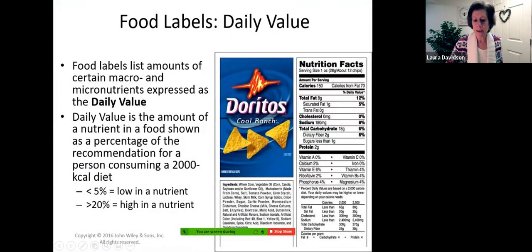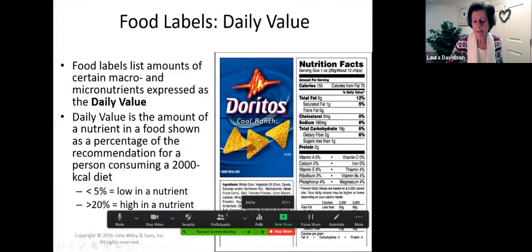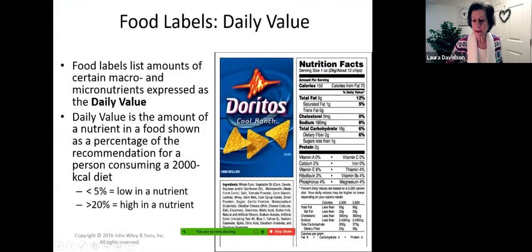But this is a great slide, so I'm going to stay here for a minute and emphasize what you may see perhaps on the test, but you should definitely know, just because this is a tool that you can use to learn more about food. So let's start right here with the ingredients list.